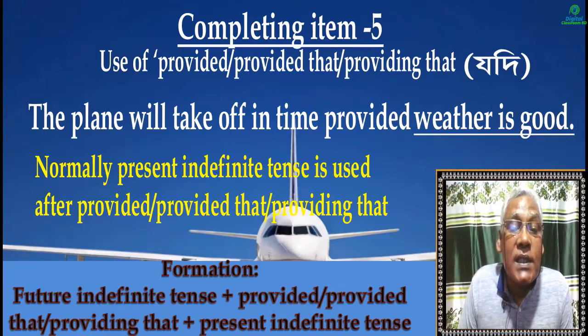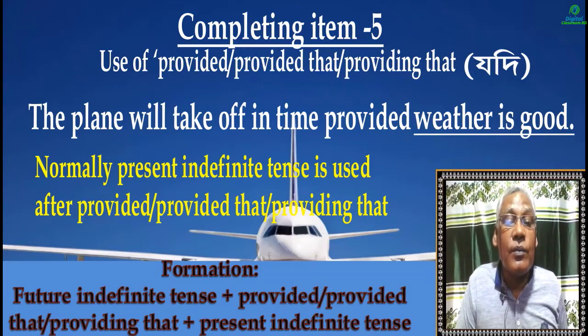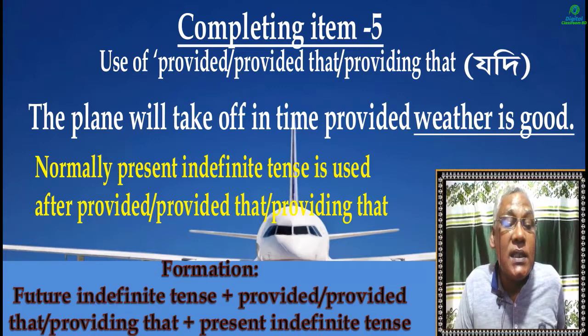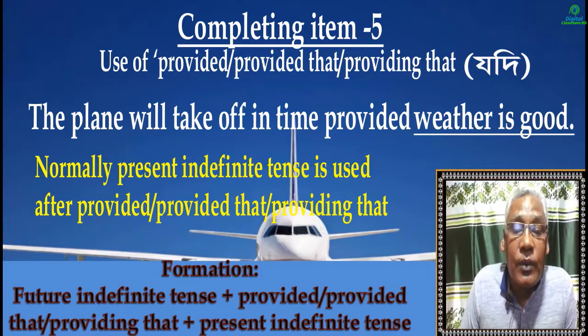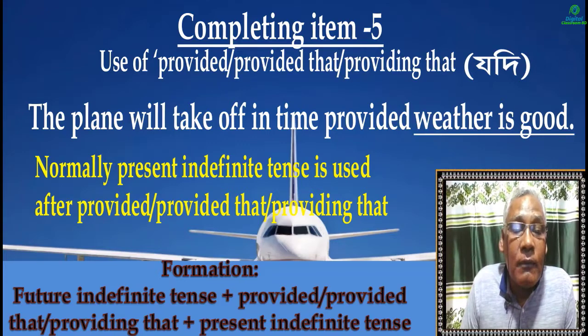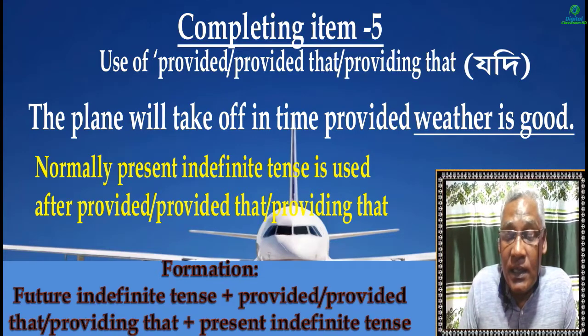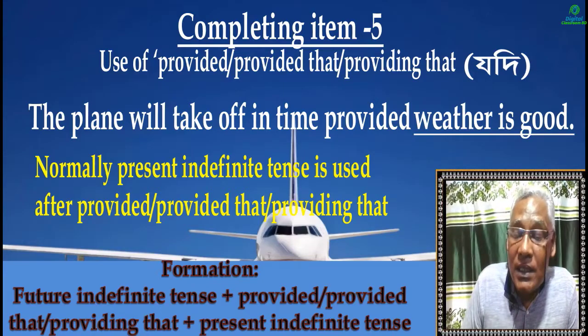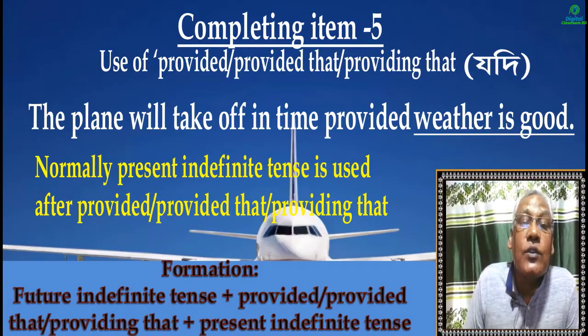So normally present indefinite tense is used after provided, or provided that, or providing that, and the formation is future indefinite tense plus provided, or provided that, or providing that, plus present indefinite tense. Okay, learners, is it clear to you? Yes? So proceed on to the next one.